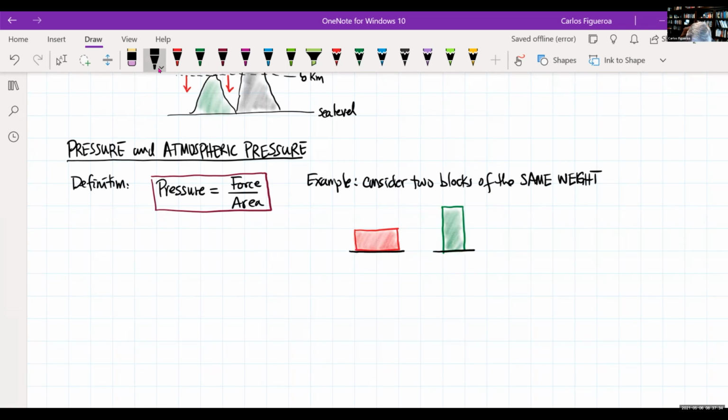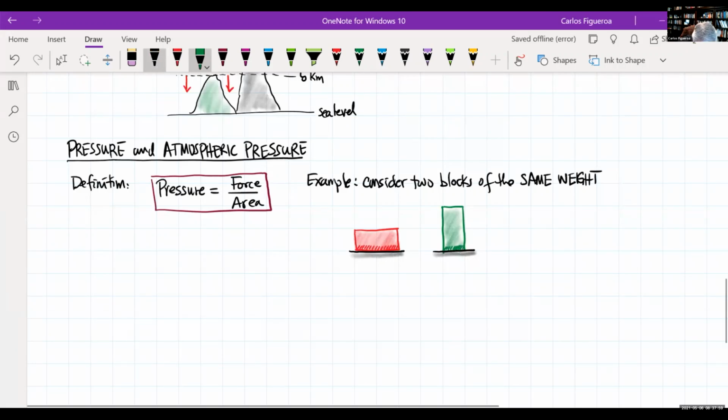And what you're seeing here is that because they're on a table like this, what you want to focus on is the area, the contact area. If you look, this is this contact area right here. And then I have this green contact area. So I've got to look at the contact area.